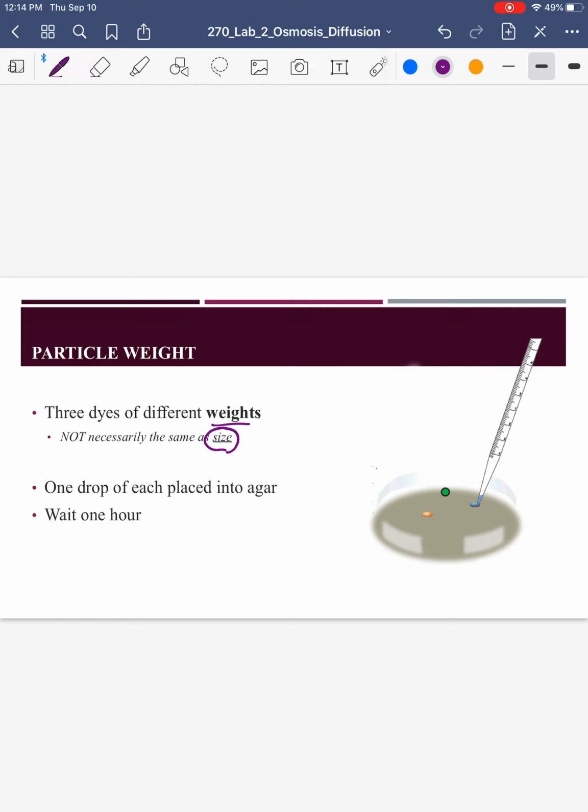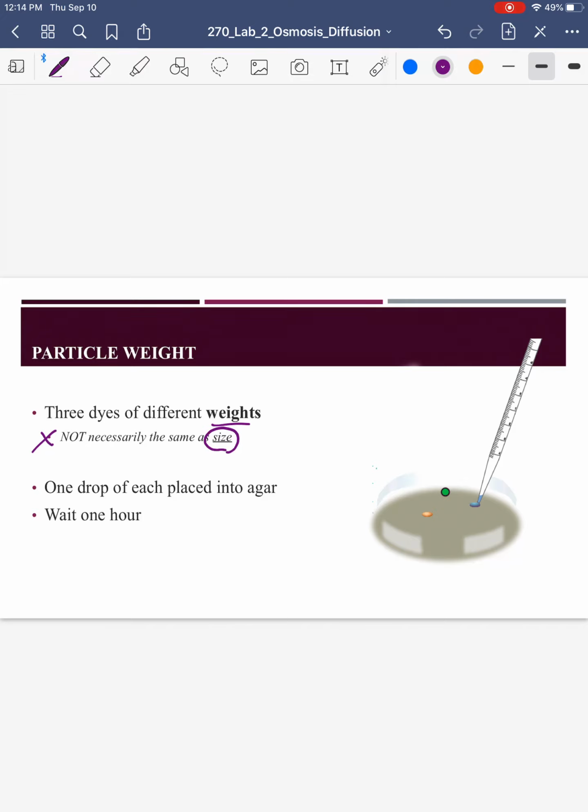And while sometimes that may be true, it isn't always true. For example, a balloon, when you blow it up, can be large in size, but lightweight. So try and take size out of the equation for this one, and think only about weight. So the question is, does a lighter weight or a heavier weight particle diffuse more?